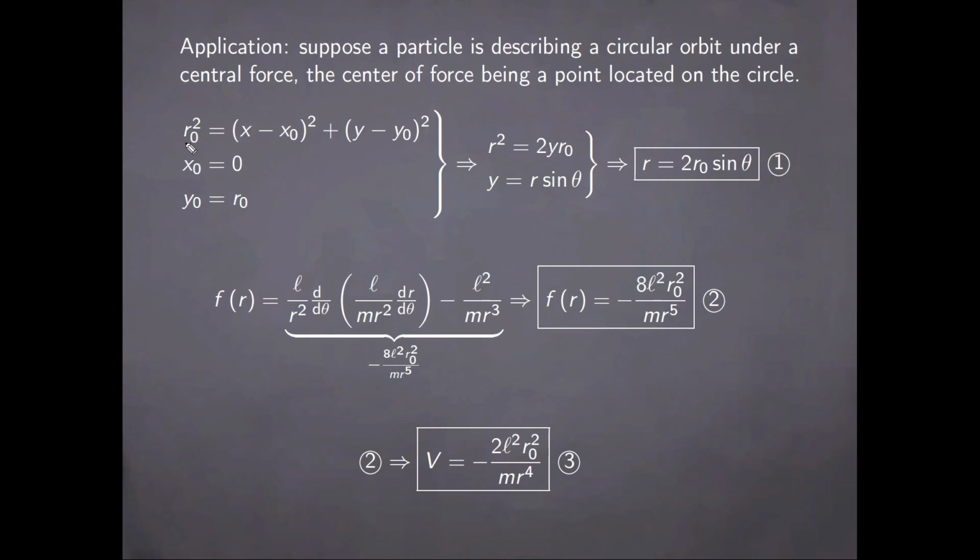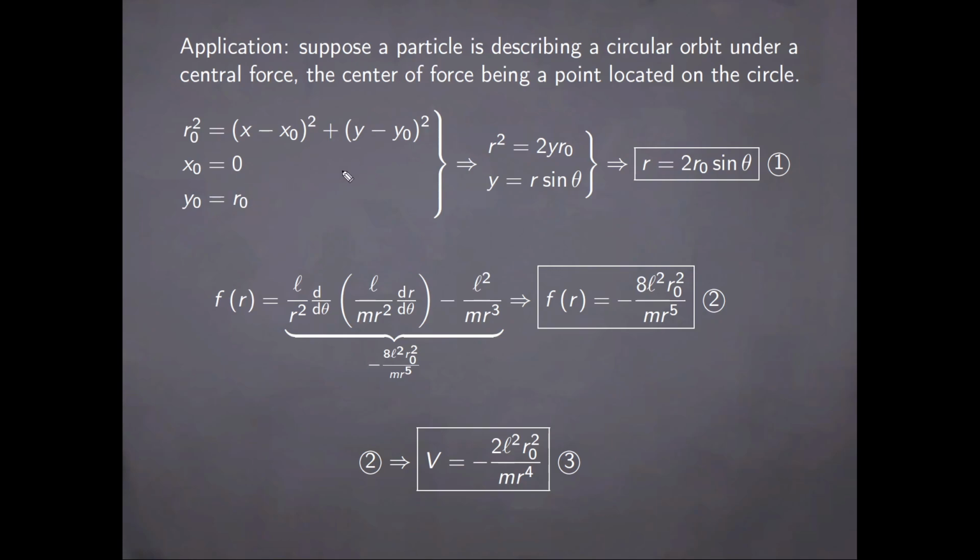So the parametric equation of a circle of radius r0 in terms of Cartesian coordinates is the one given here, and we will choose the reference frame such that the center of the circle has the coordinates here. So x0 equals 0 and y0 equals r0.